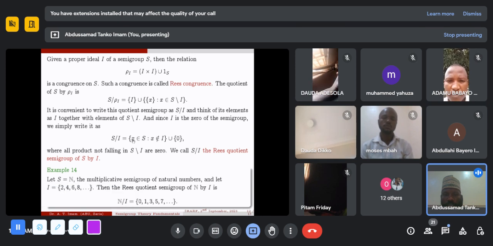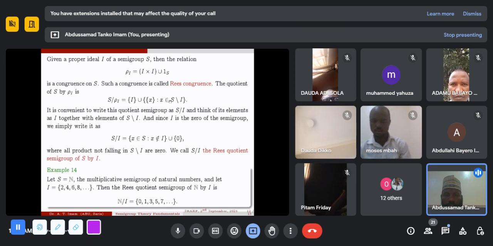And then we write the remaining members of the semigroup without the set bracket, because we just write them as x in S that are not in the ideal. So this is how we think of that semigroup, where all products that fall in the ideal are zero.